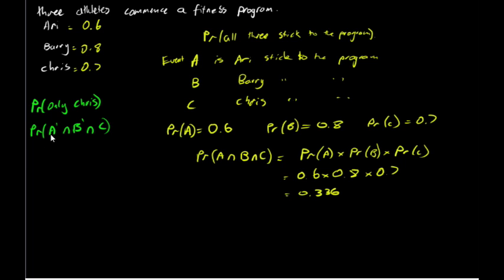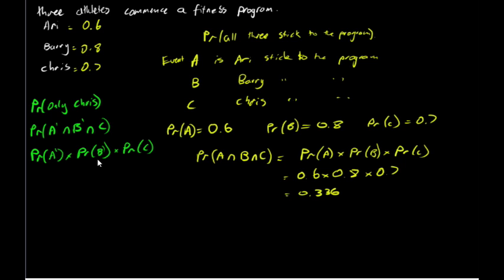Now, probability of A dash and B dash and C is going to be the probability of A dash times the probability of B dash times the probability of C.